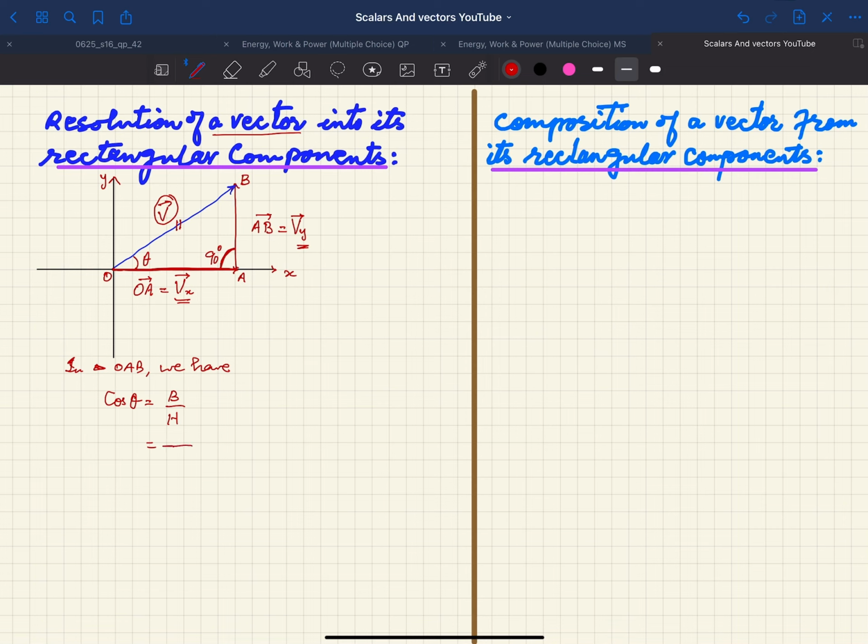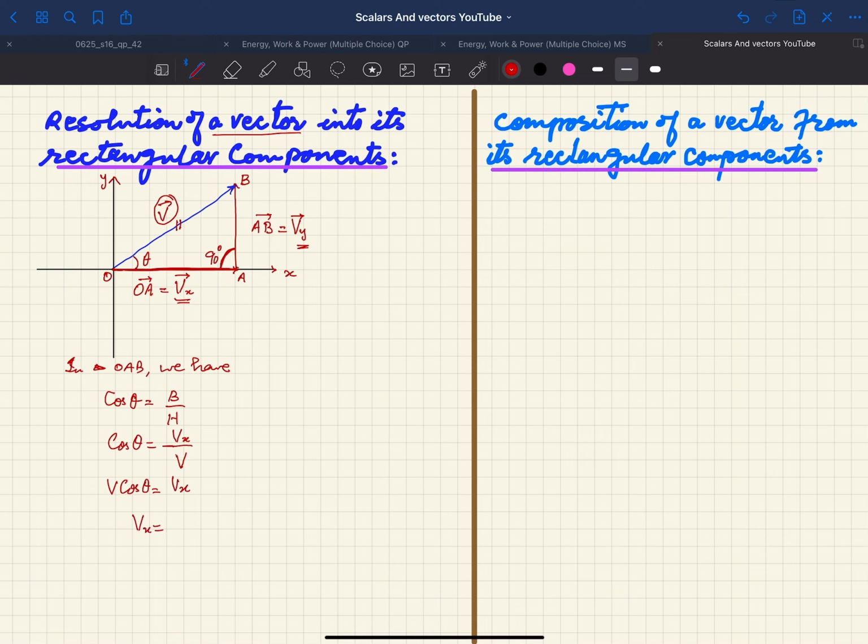If we are interested in the magnitude of vector OA, it is nothing but Vx, and the hypotenuse is vector V, so we use the magnitude of vector V. So by multiplying V by cos theta, we get the x component of the vector.